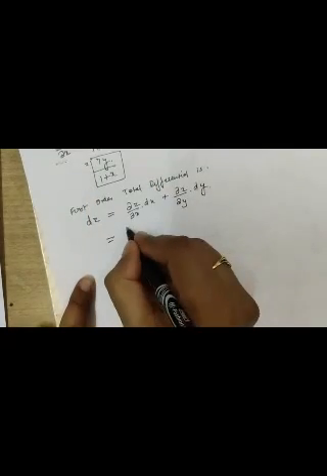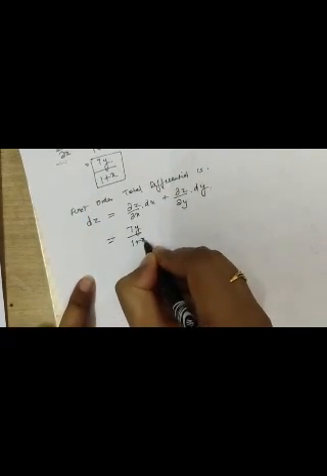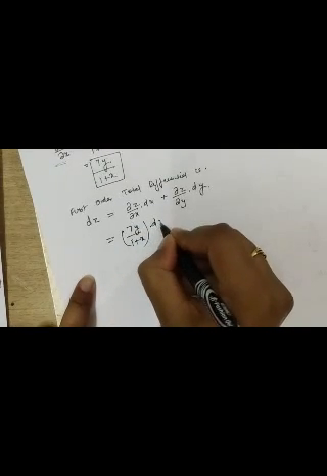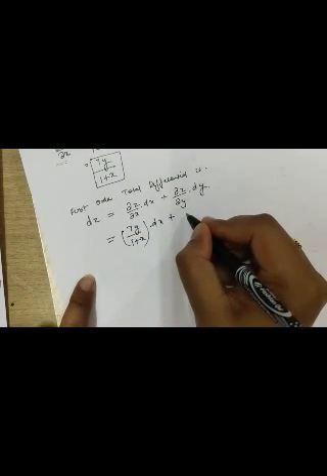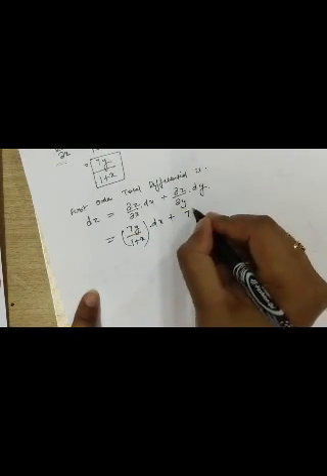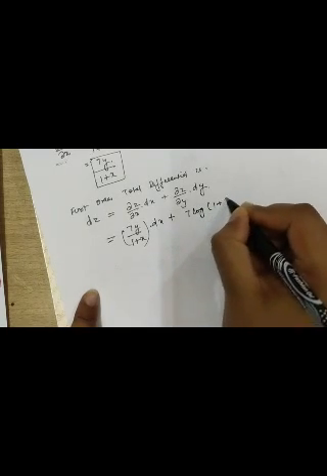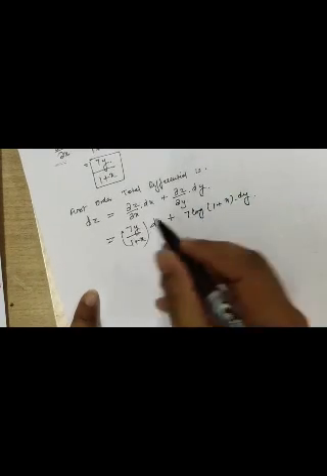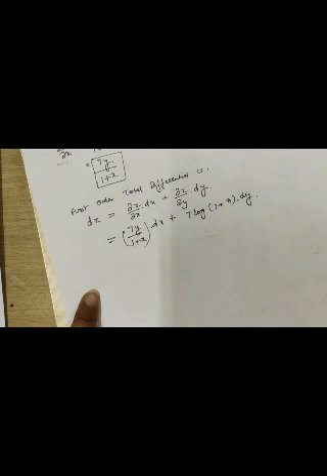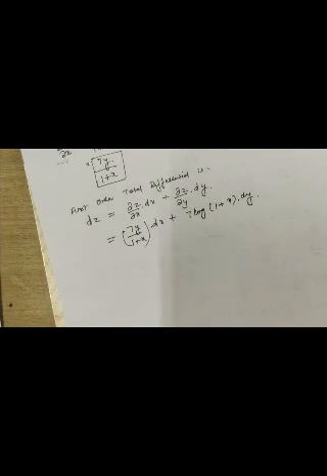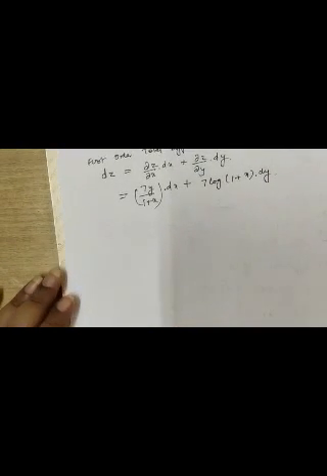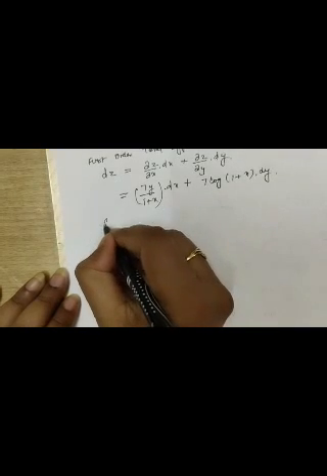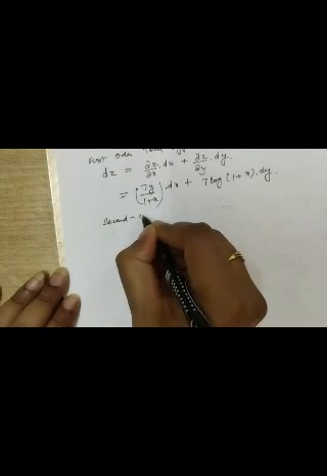Whatever answer we have got: 7y by 1 plus x into dx plus 7 log of 1 plus x into dy. This is the first order differential. Now we have to find the second order total differential.